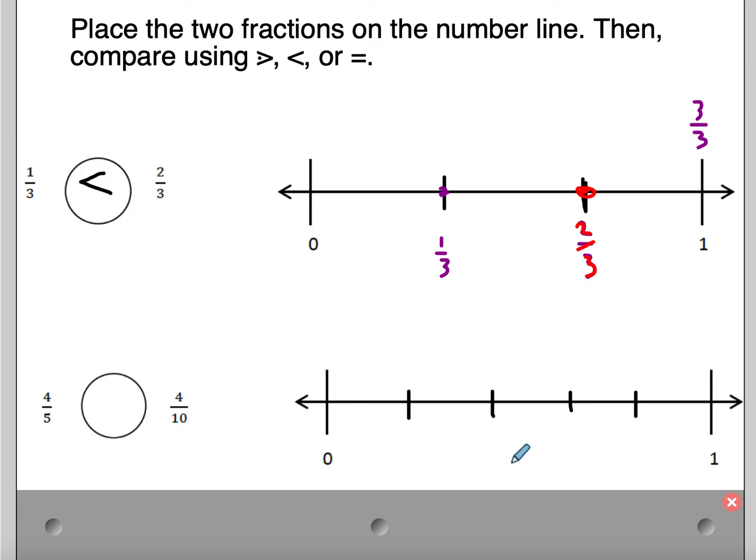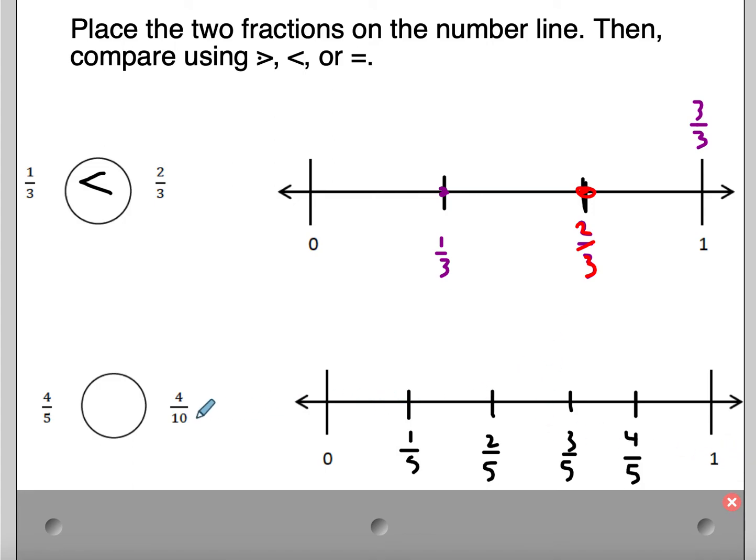On the bottom, I'm going to represent my fifths first. So 1/5, 2/5, 3/5, 4/5, and I know that my whole is 5/5.